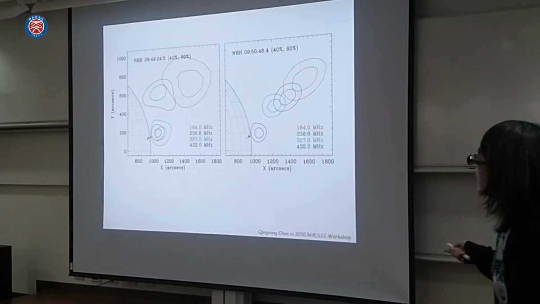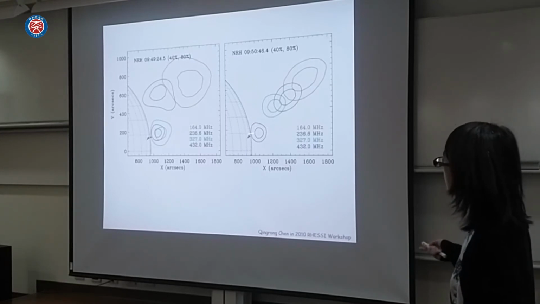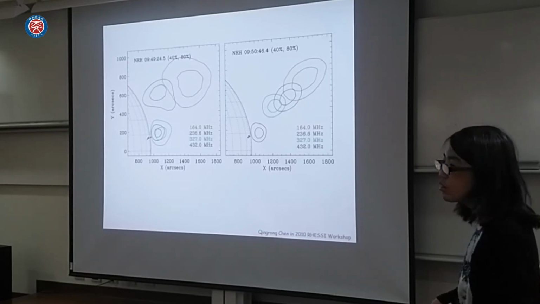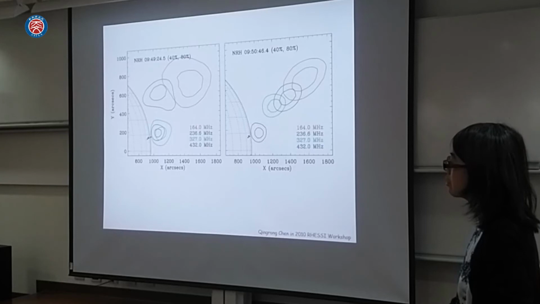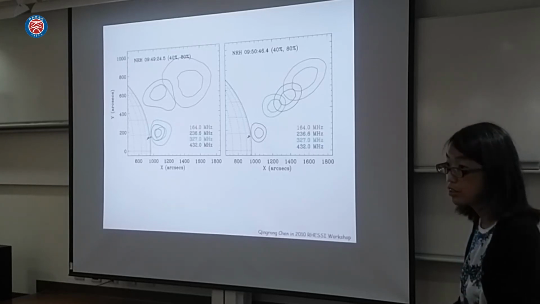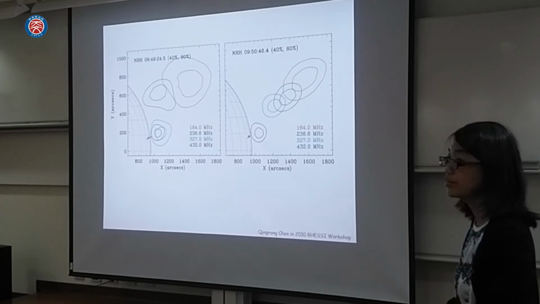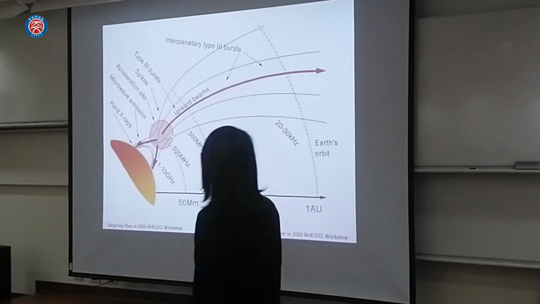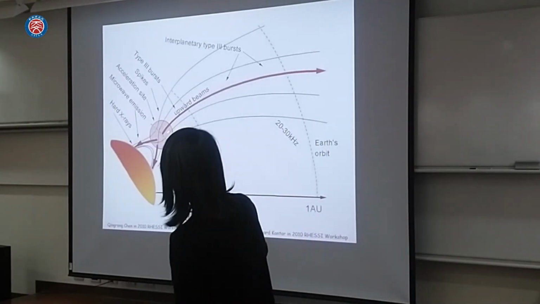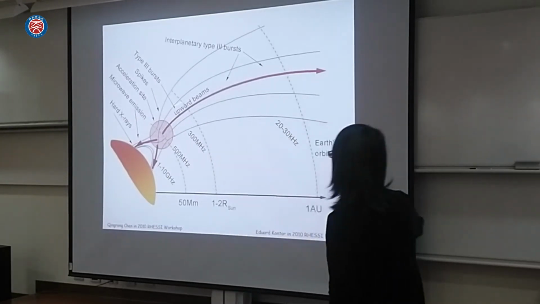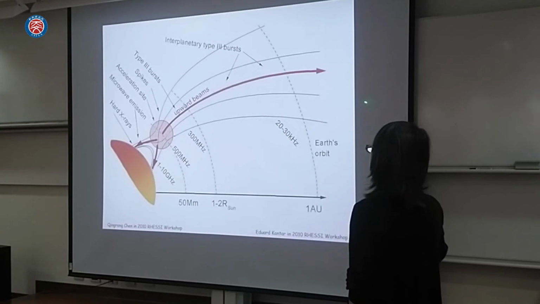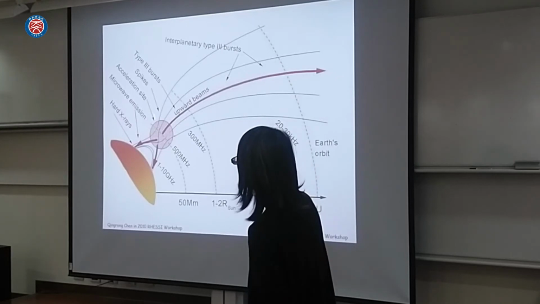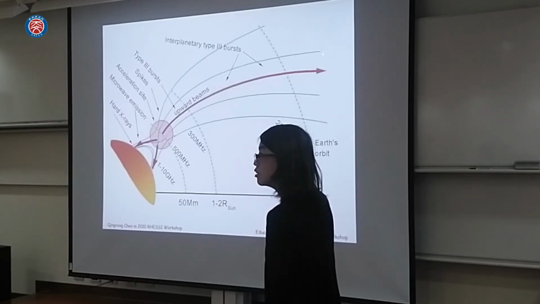What's that? Because the radio radiation is emitted through plasma emission, so the frequency depends on the plasma frequency, so it depends on the local plasma density. Okay, so reconnection occurs here, and then the upward electron beam goes far away, maybe to interplanetary space, where the plasma density becomes lower and lower.